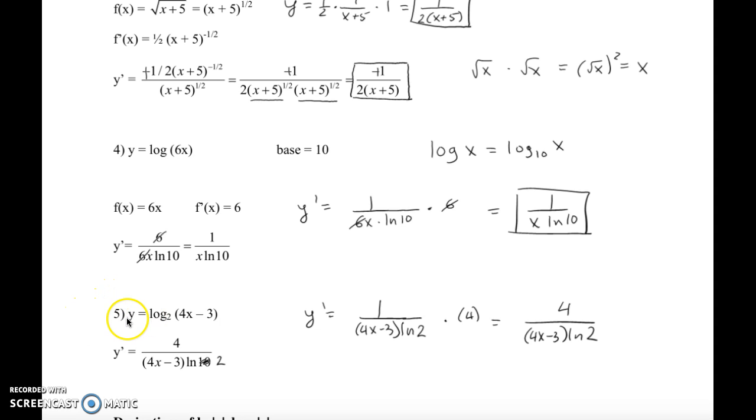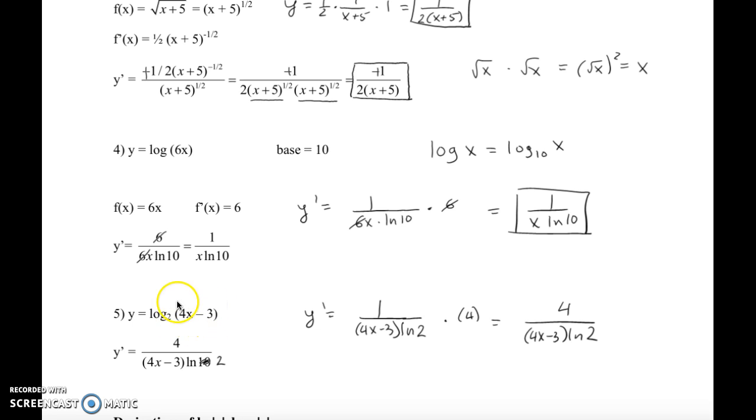Let's look at one that is not base 10. So here we have y is equal to log base 2 of 4x minus 3. So here our 4x minus 3 is our f of x. Our derivative of that is 4. And when we go ahead and put that together, we have to follow our rules.